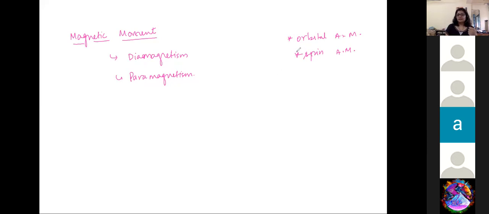Now, when the electrons are all paired up, if both are in the same orbital, the orbital angular momentum is equal for both electrons. The only difference between the two electrons is the spin angular momentum.